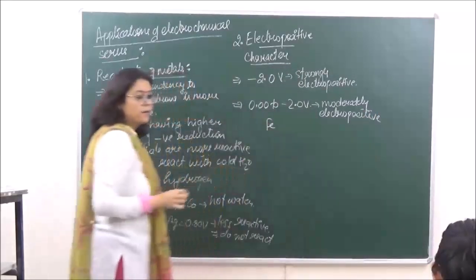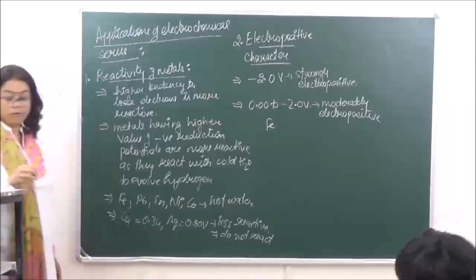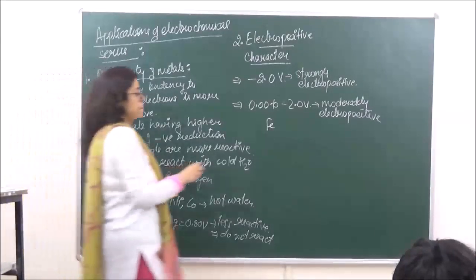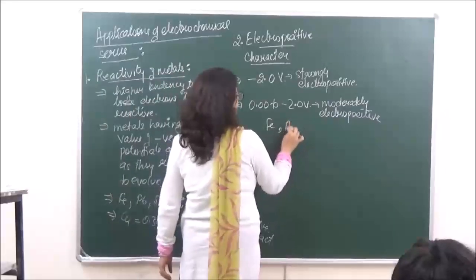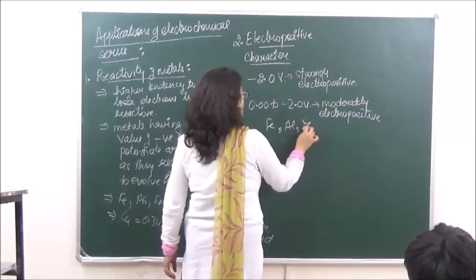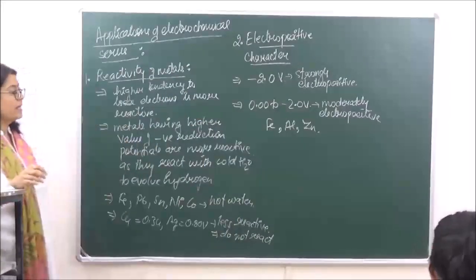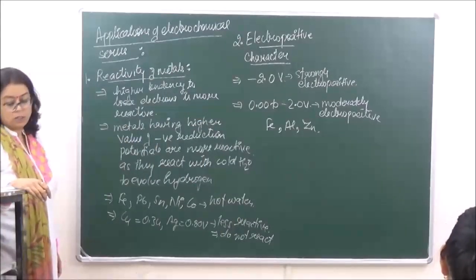We have iron. Iron has a value of 0.44. Then we have aluminium, zinc, right? All these are moderately electropositive.